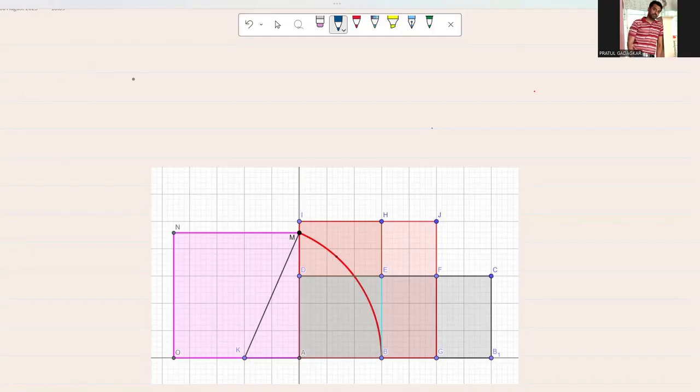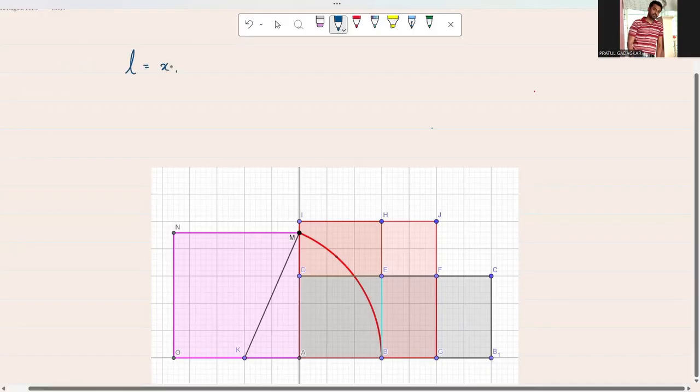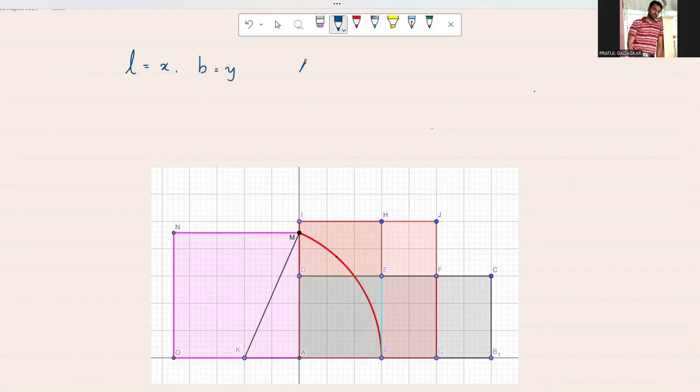In this short video, we are going to understand, given a rectangle of length x and y with area x into y. So the rectangle has length x and it has breadth equal to y. So the area of that rectangle is going to be xy.